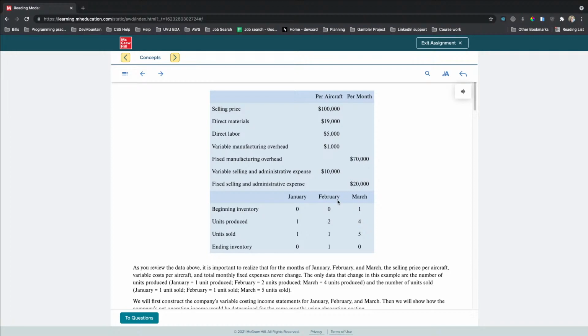So that gives us, let's see, 35,000. So this gives us our contribution rate, or contribution margin, I should say.